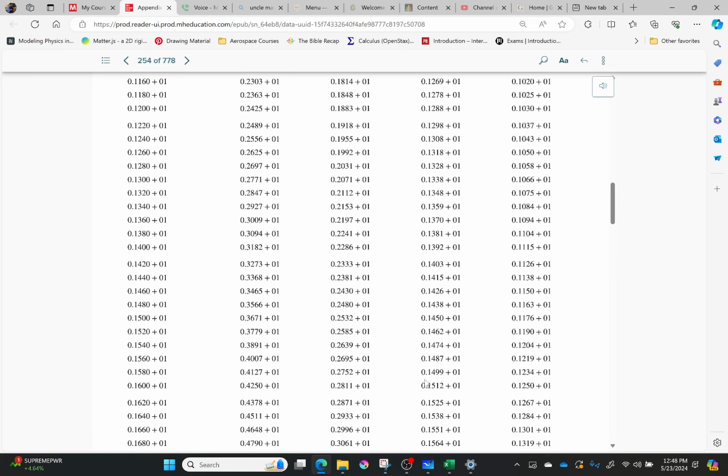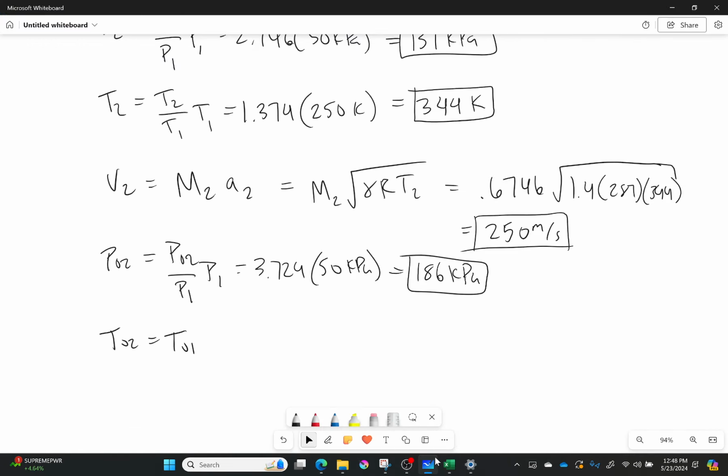So it would be roughly 1.499. That value right there is T naught 1 over T1. So I'm going to write that down: T naught 1 over T1, from Appendix A, is equal to 1.499. We're just writing 1.5, but just assuming.